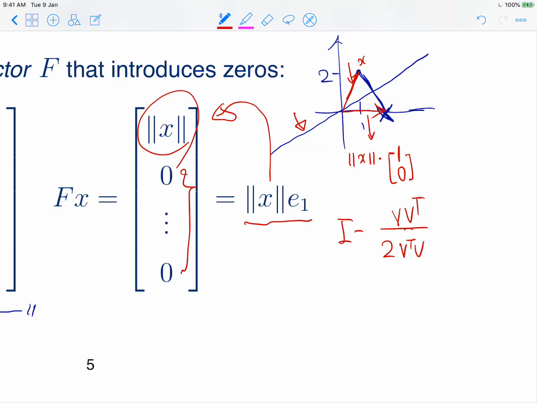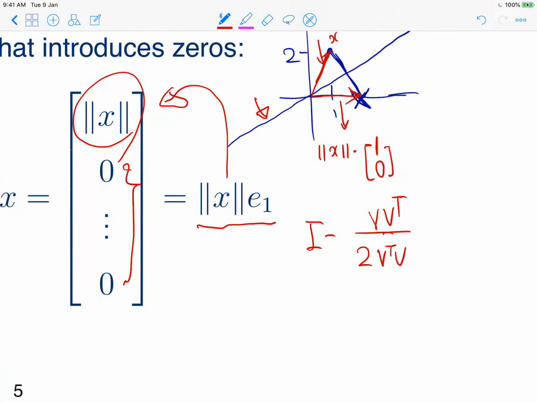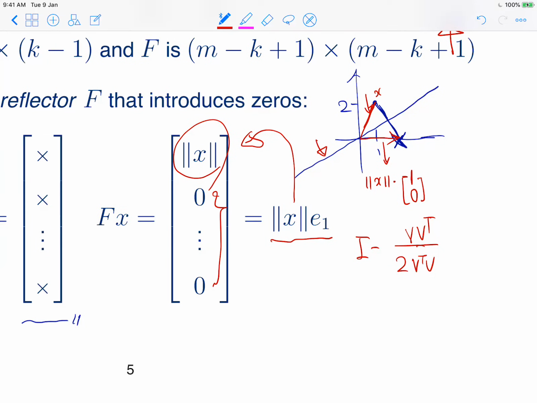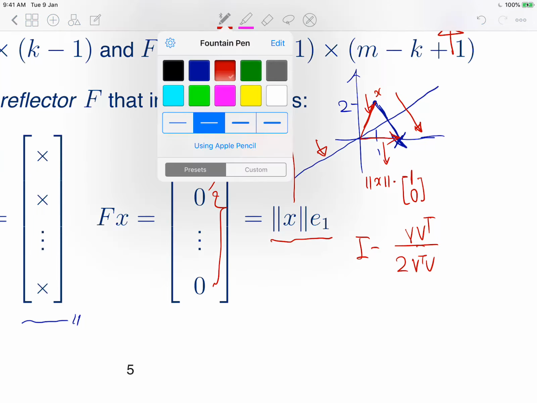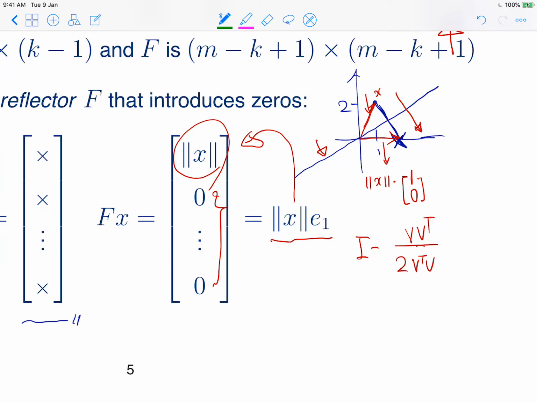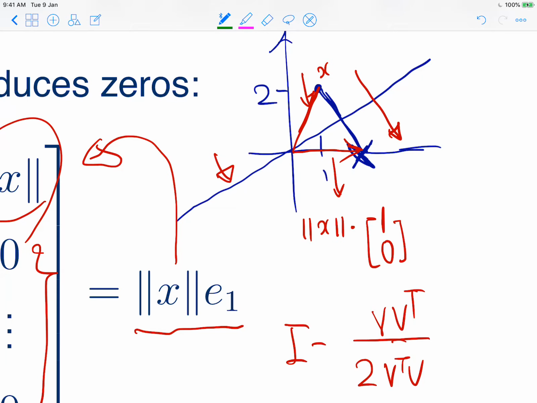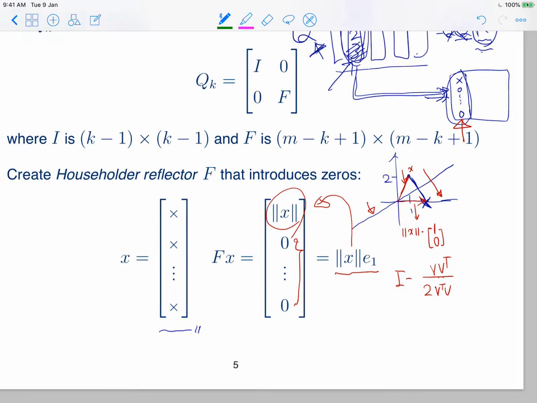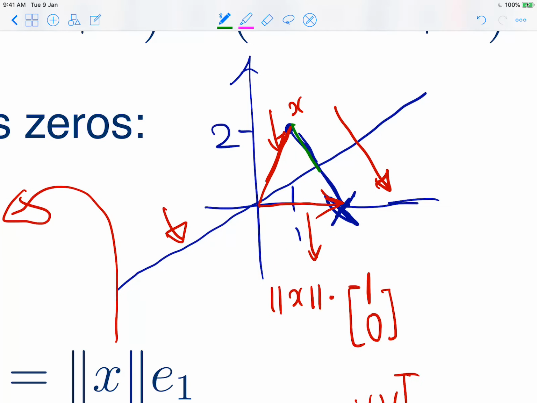So we already studied how we compute this component, right?